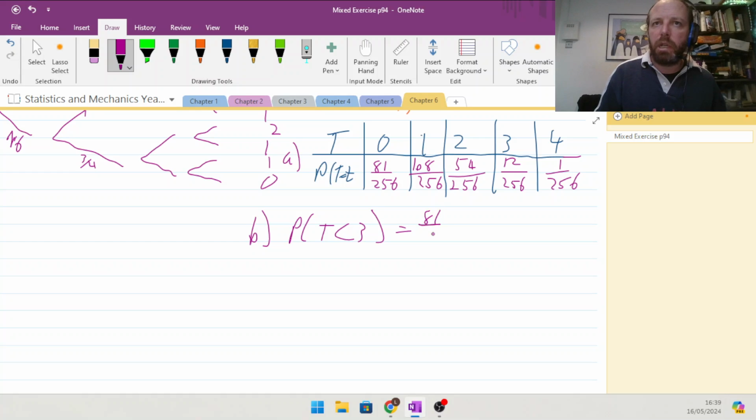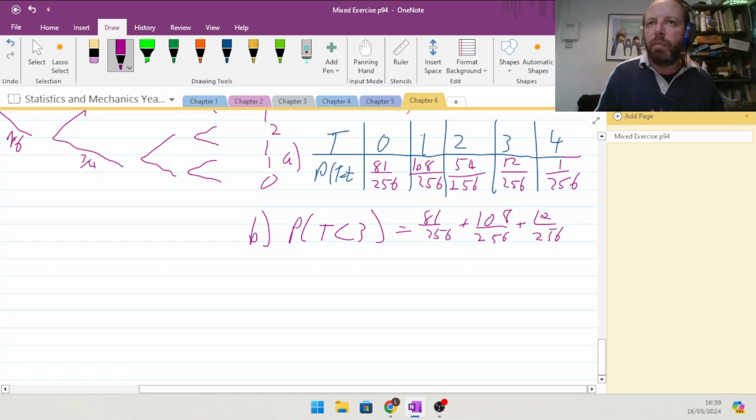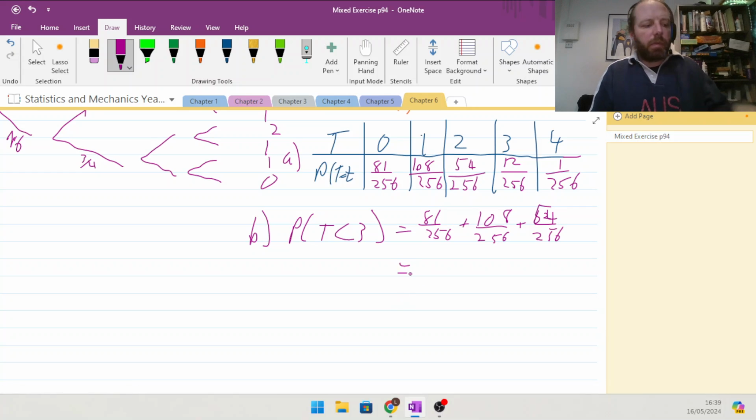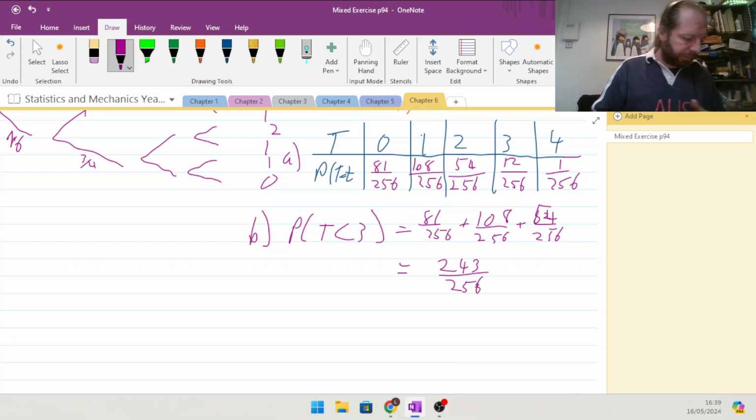So we've got 81 over 256 plus 108 over 256 plus 54 over 256. So 81 plus 108 plus 54, 243 over 256.